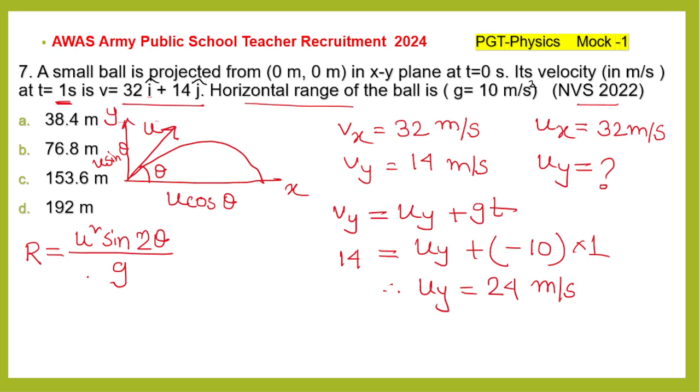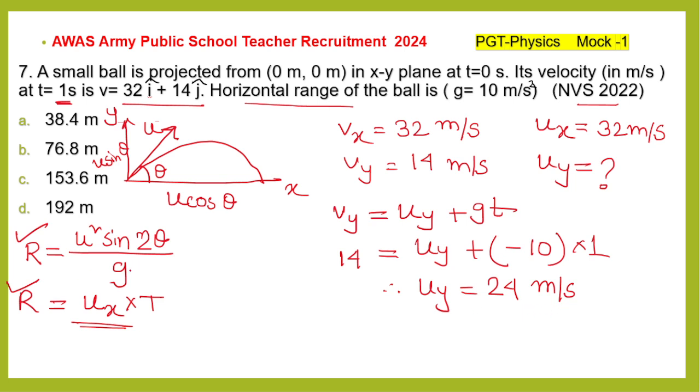This is the formula to find the range, but we can also write this formula as Ux into t. This is also right, and this one is also right, but we choose the second one. Why? Let's see. From this equation we get the initial velocity along the y-axis.